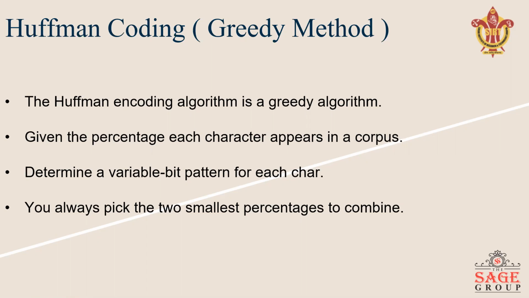So, the Huffman encoding algorithm also uses the best possible solution of any given problem at that moment. It doesn't care about the future. It just takes the best output from the current input values. Okay. So how do we perform the coding? We will learn about that.